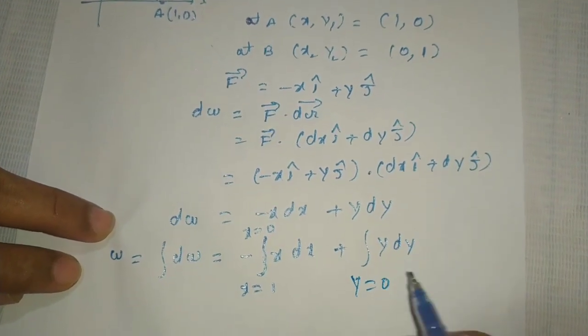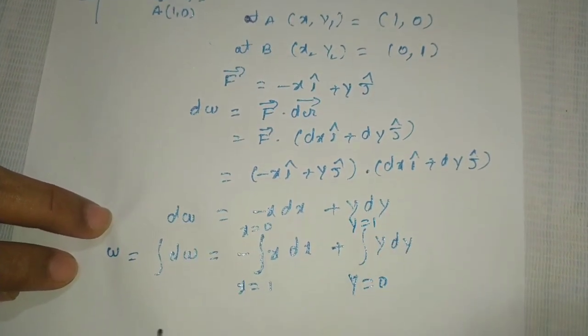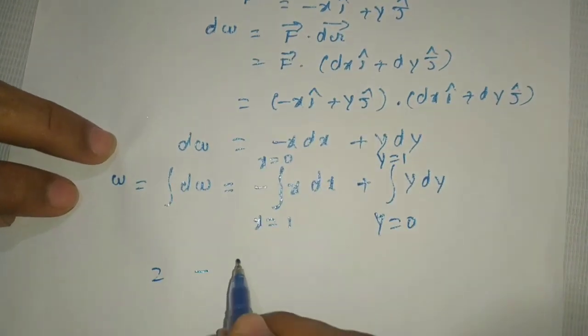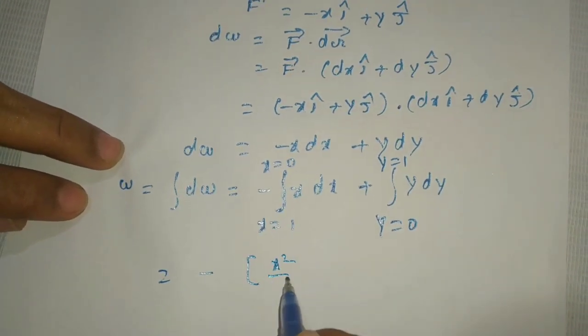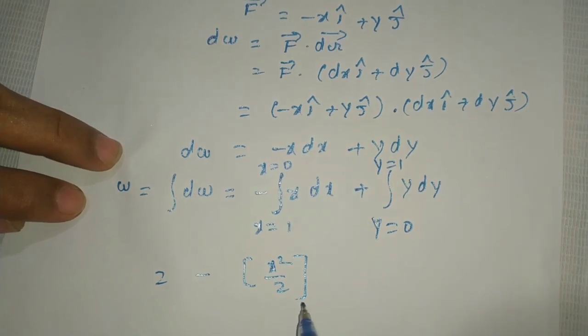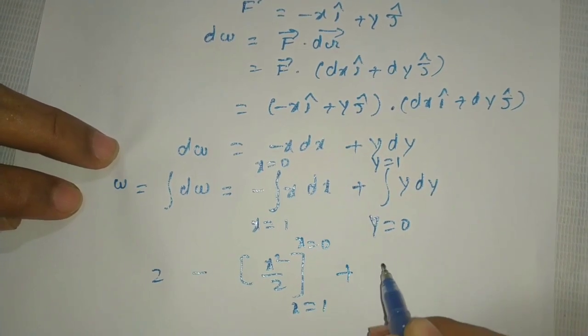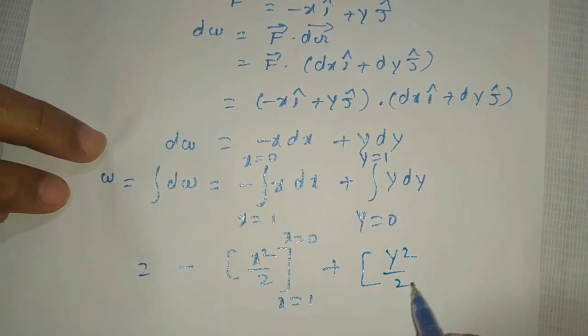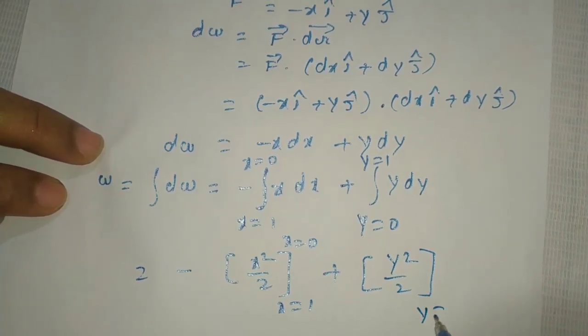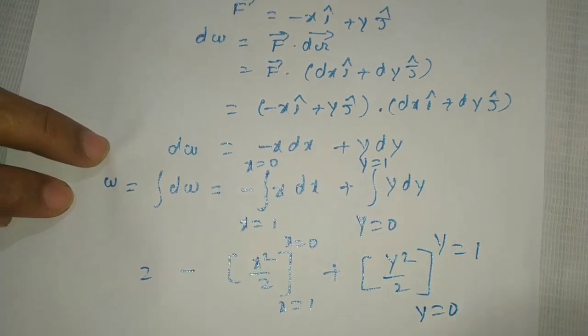This is equal to minus integral x dx, which is x square by 2, with x changing from 1 to 0, plus integral y dy, which means y square by 2, with y changing from 0 to 1.